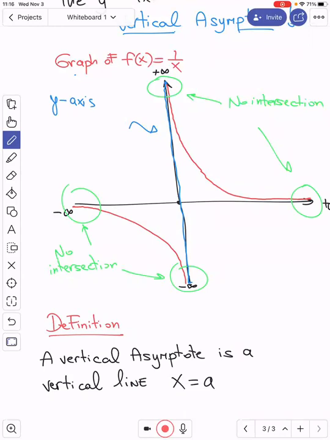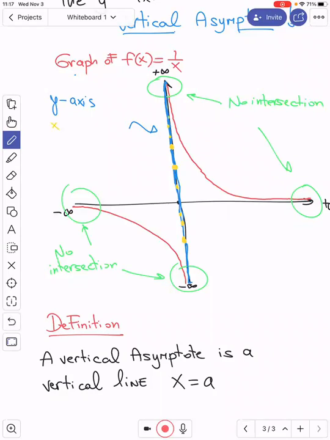Well, all the points on the y-axis have x coordinate 0, right? If you take any point on the y-axis, for example, this point right here, the x coordinate is 0. The x coordinate of this point is also 0. So the x coordinate of all the points on the y-axis is just x equal to 0.